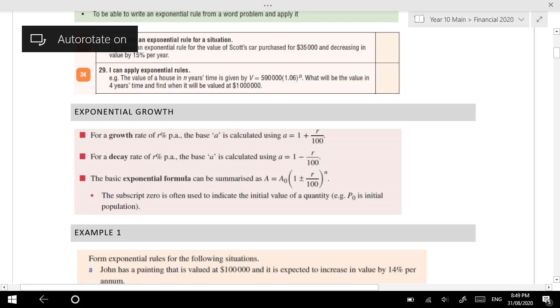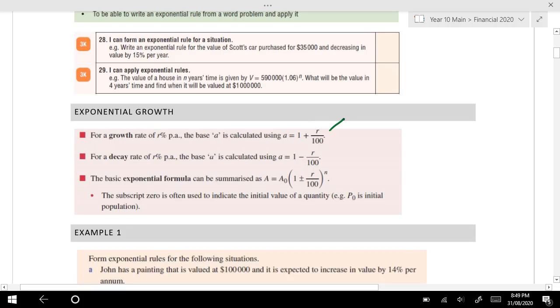If something's growing, let's say it was growing at 10%. Then my rate would be 10, so 10%.